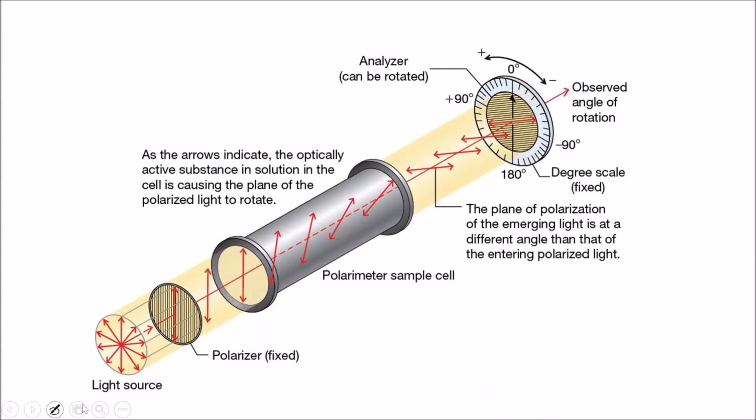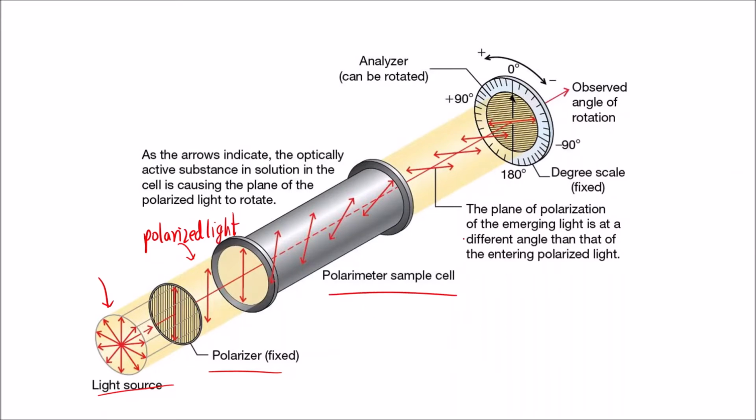Let us now try to understand again the working of this polarimeter. This is the light source which has wavelengths in multiple directions. Then we make use of a fixed polarizer with particular slits which allow the light to vibrate in only one single direction, and that light is called polarized light, which then passes through a polarimeter sample cell.